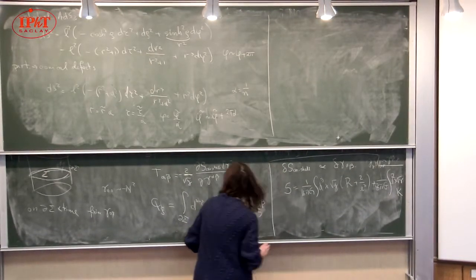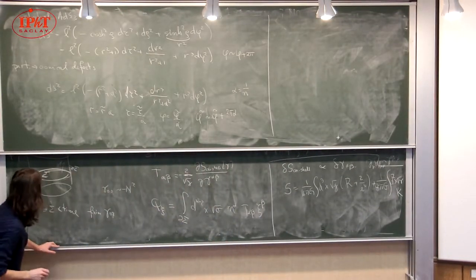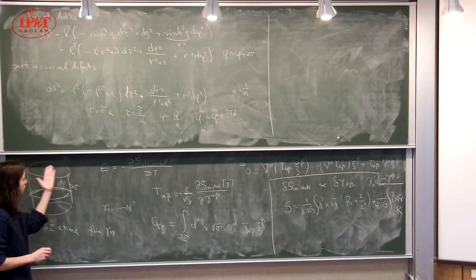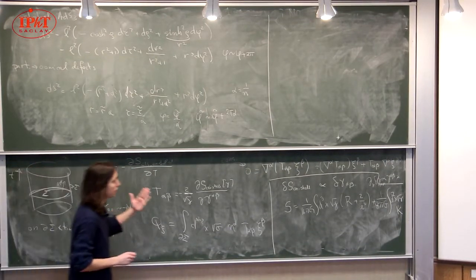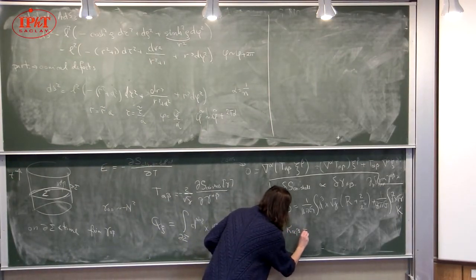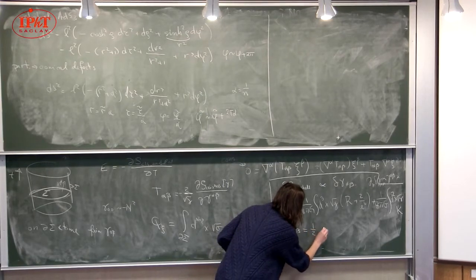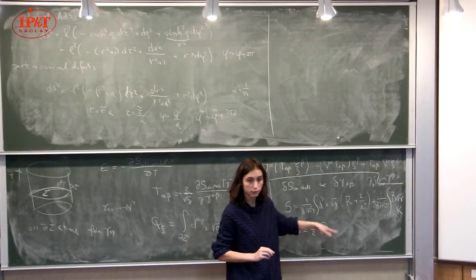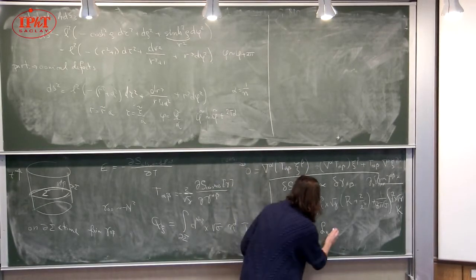K basically tells you how this surface, the boundary, is embedded in the rest of the spacetime, and is given by a half the Lie derivative along the normal vector to this surface of gamma alpha beta.